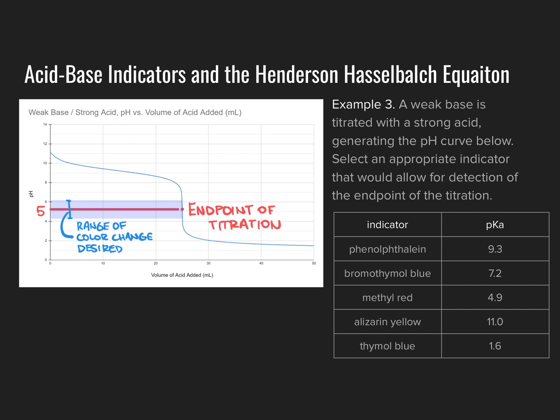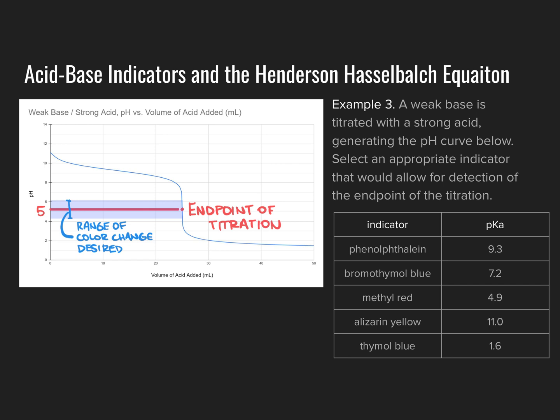We have as our options phenolphthalein with a pKa of 9.3, bromothymol blue with a pKa of 7.2, methyl red with a pKa of 4.9, alizarin yellow whose pKa is 11, and then thymol blue whose pKa is 1.6. And clearly there is one indicator here which is a much better choice than all of the others.